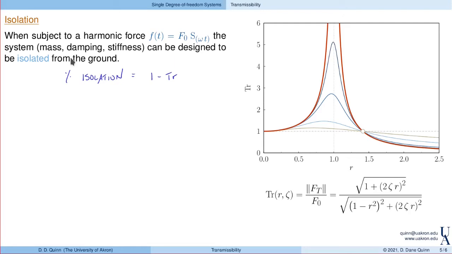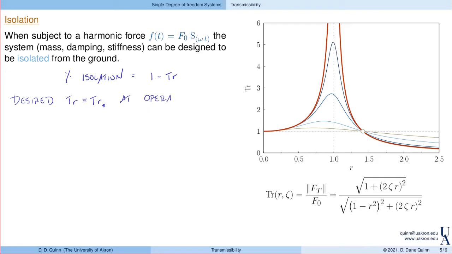So now, how do we design based around this? Well, we have a couple of different things that we typically do. Primarily, we look for a desired transmissibility at an operating condition. So we'll define this as, say, TR star. That's our design goal at operation.